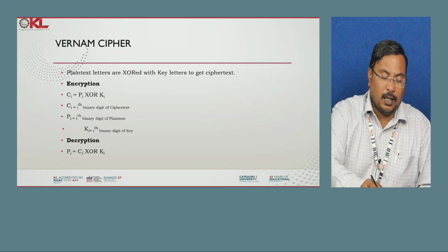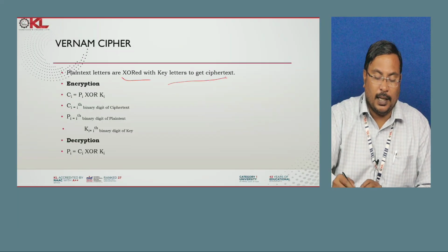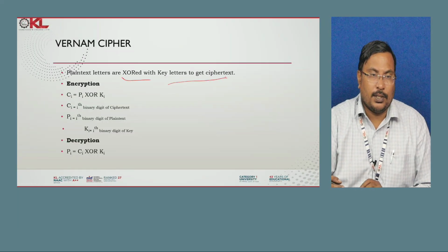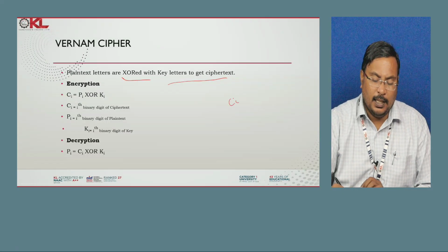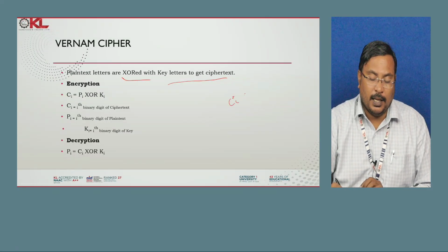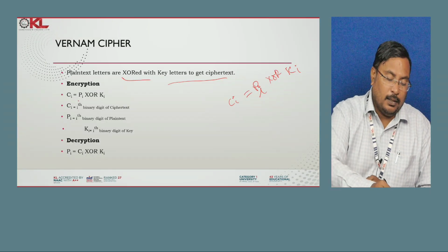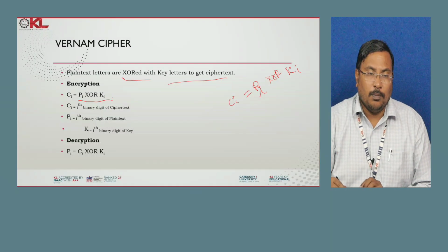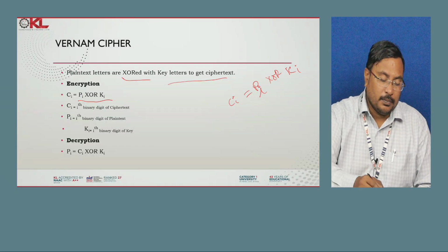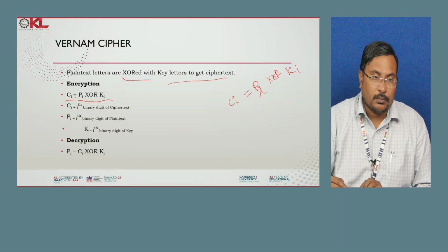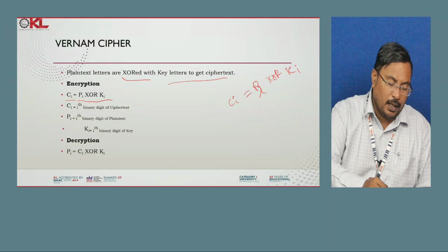The plain letters are XNORed with the key letters to get the ciphertext. Here Ci, the ith letter of the ciphertext, is created by XNORing the ith plain letter with the ith key letter. The same process is done for decryption.